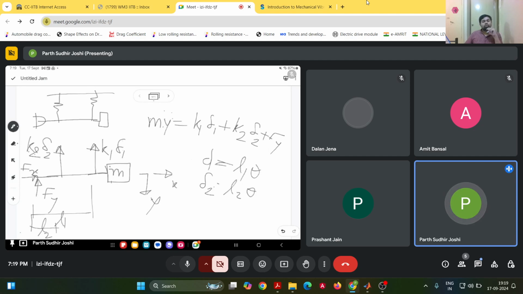To solve for Fy, we do not know the expression of Fy directly, so we need one more equation to eliminate it. For that we can use the moment equation, taking moments about the hinge.